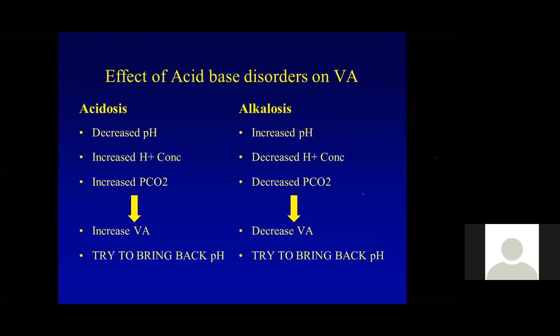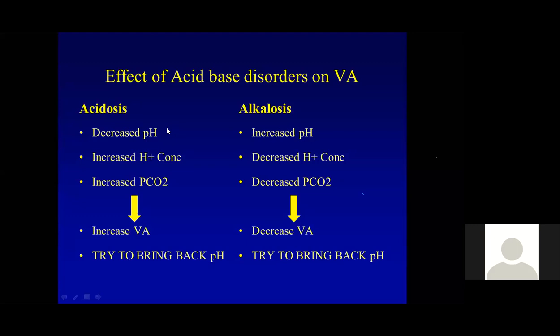Now, what is the effect of acid-base disorders on the ventilation or the alveoli? Whenever we see acidosis, the patient's pH is reduced. So what is the normal pH? What I was telling is 7.35. Whenever I ask questions, you can put it in the chat box so that it will be easy for me to know whether you've understood or not.